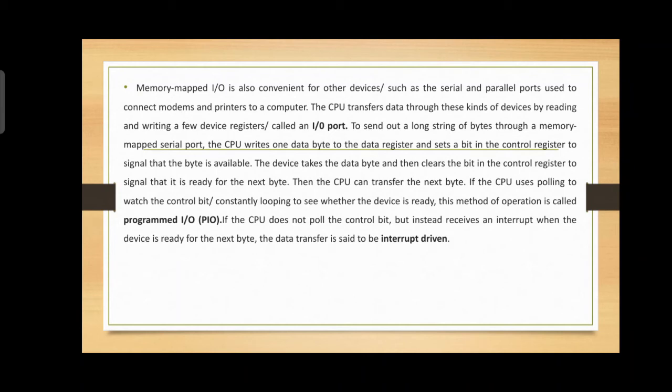If the CPU uses polling to watch the control bit, constantly looping to see whether the device is ready, this method of operation is called programmed I/O, or PIO. If the CPU does not poll the control bit, but instead receives an interrupt when the device is ready for the next byte, the data transfer is said to be interrupt-driven.